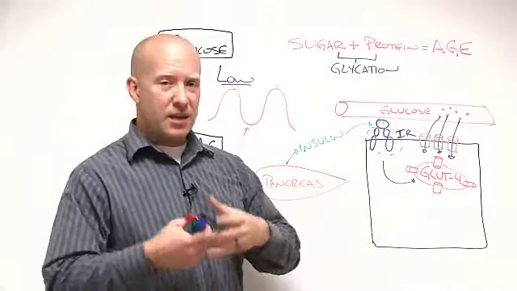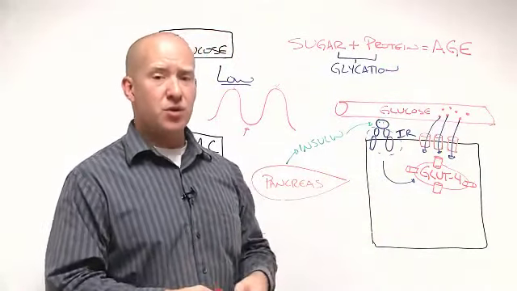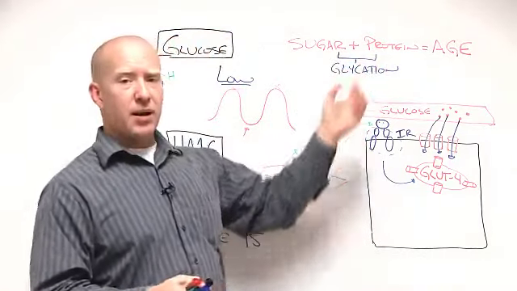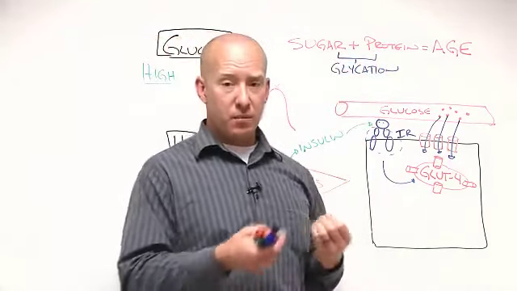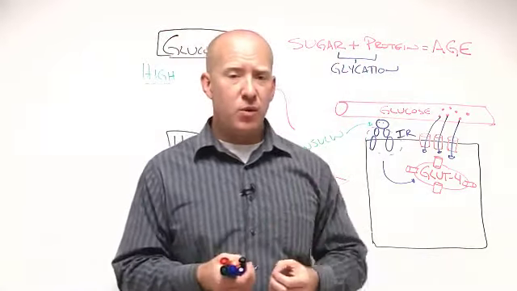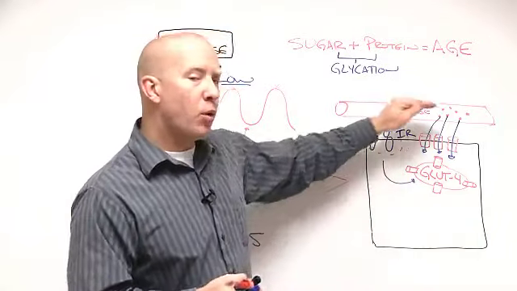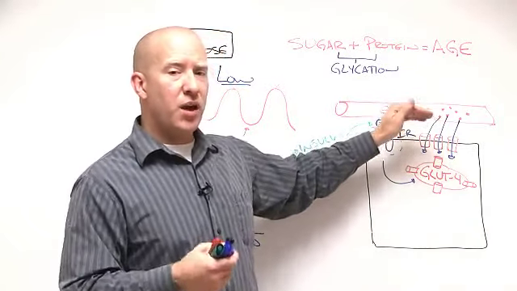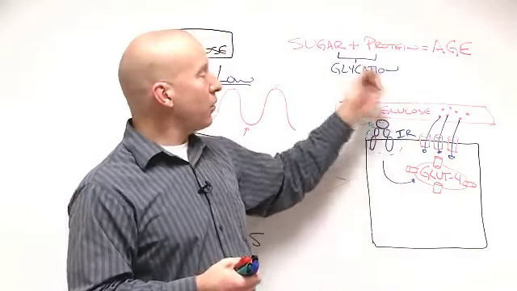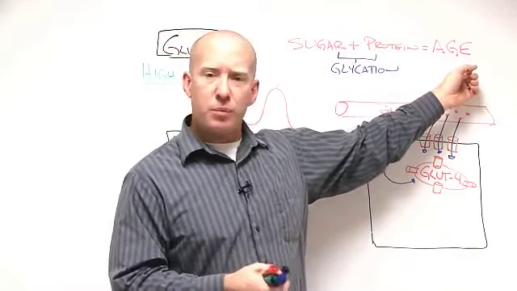This is happening in our body all the time because we have proteins in our blood, as we talked about, and you have sugar in the form of glucose. So this process is going to take place. The more glucose you have in the blood, the more this process takes place, and the more of these advanced glycated end products will be produced.